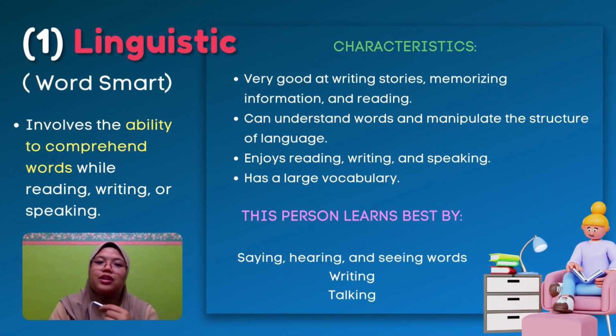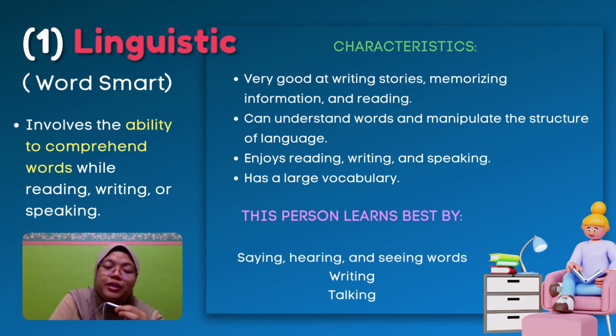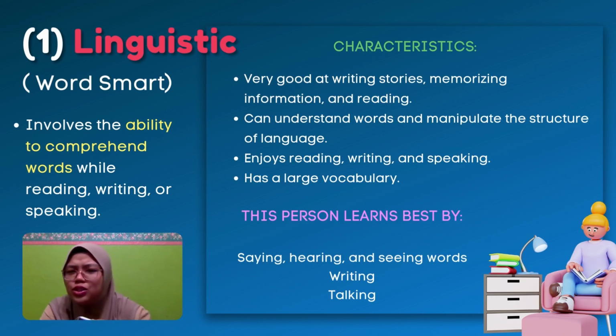First, linguistic intelligence, or we can say word smart. This intelligence involves the ability to comprehend words while reading, writing, or speaking. The characteristics of learners with this intelligence: they are very good at writing stories, memorizing information, and reading.